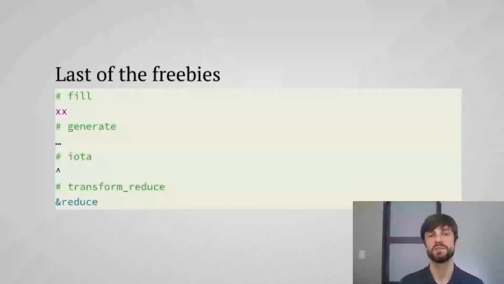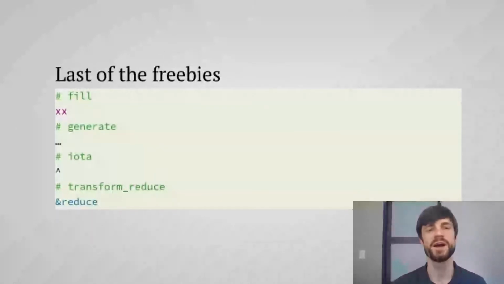That may involve using one of Raku's sort of secret weapons, a state variable, or it may not, but regardless, transform reduce is sort of a subset of what we can handle just with reduce, and I wanted to mention that here since it is different enough to be worth calling out.